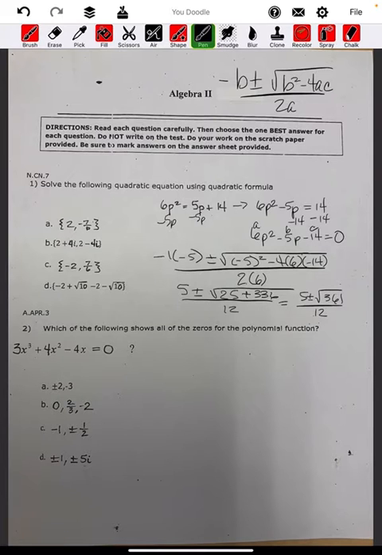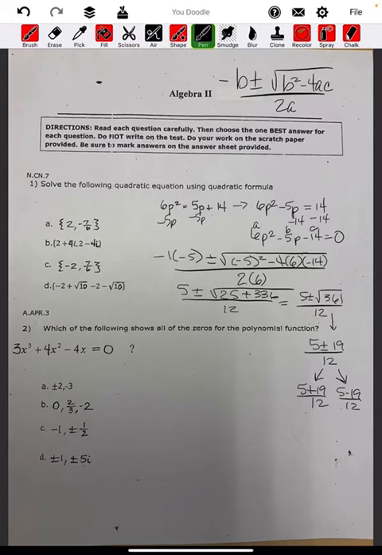Well, first of all, we want to see if 361 is a perfect square. So we find the square root of 361, which comes out to be 19. So that means it's going to be 5 plus or minus 19 over 12. Remember, we have to split this up into two different answers: 5 plus 19 over 12 and 5 minus 19 over 12.